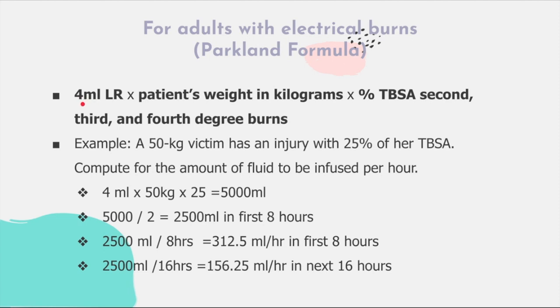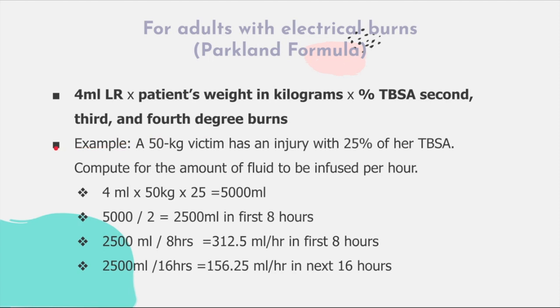So the formula is 4 ml lactated Ringer's solution multiplied by the patient's weight in kilograms, which is then multiplied by the percent TBSA for second, third, and fourth degree burns.